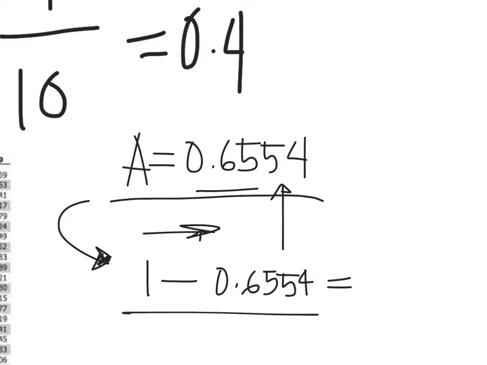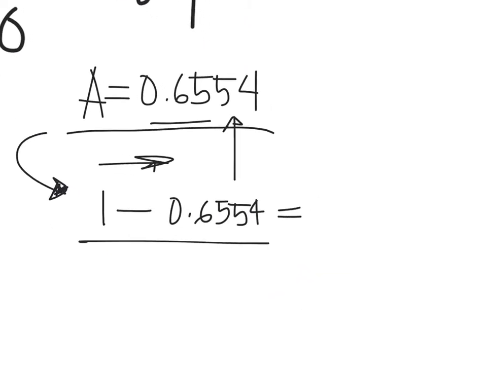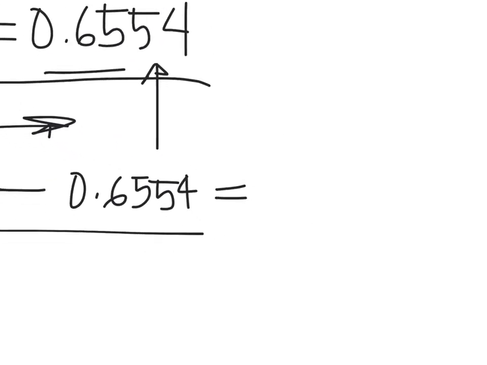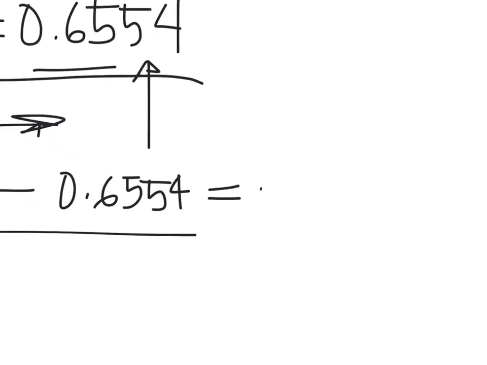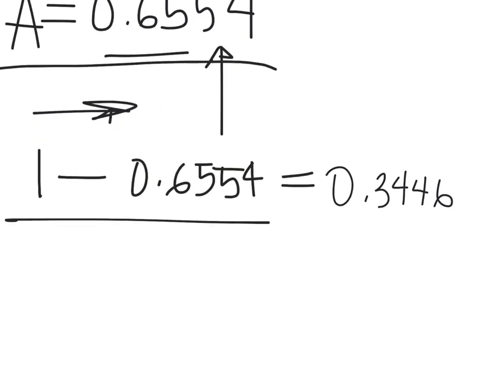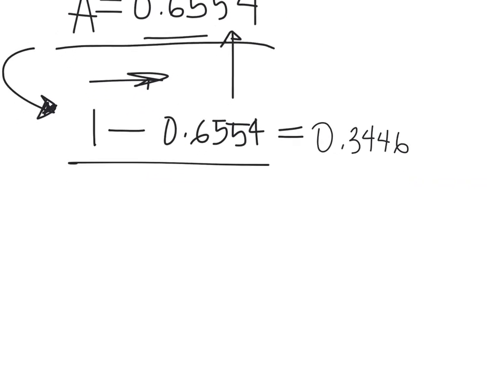And 1 minus 0.6554 is equal to 0.3446. Again, you can always use your calculator to compute for the difference. So this is now the probability that we want.